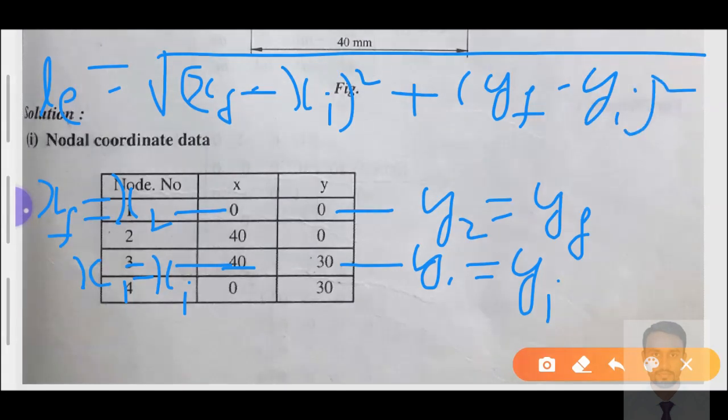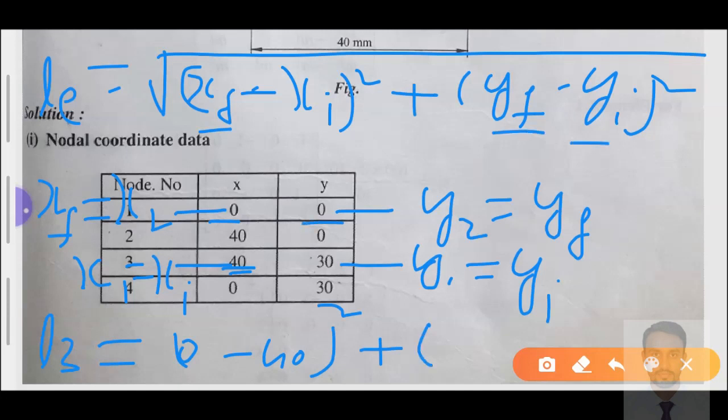Substituting the values here, L3 equals the square root of (x final, which is 0, minus 40) whole square plus (final value 0 minus initial 30, that is 0 minus 30) whole square.